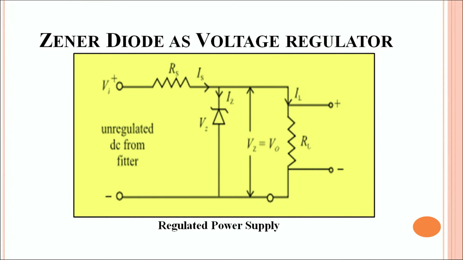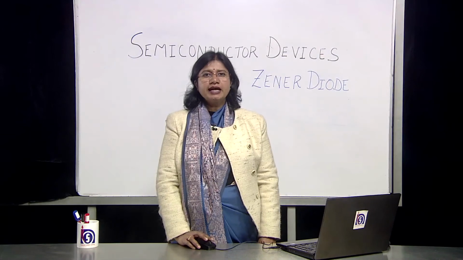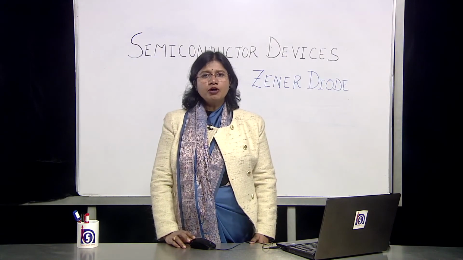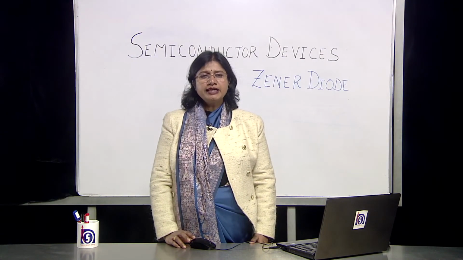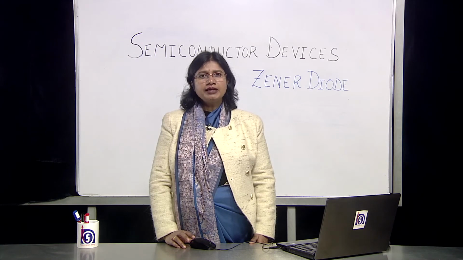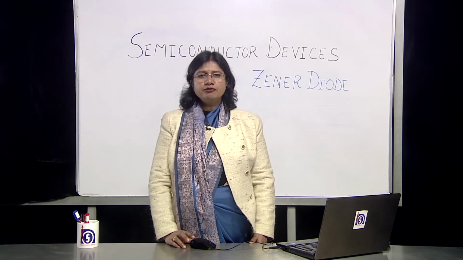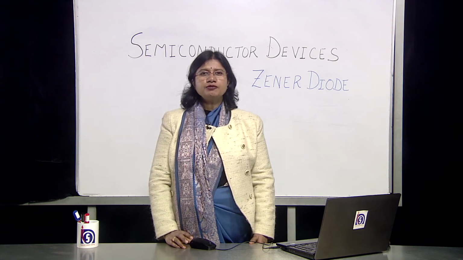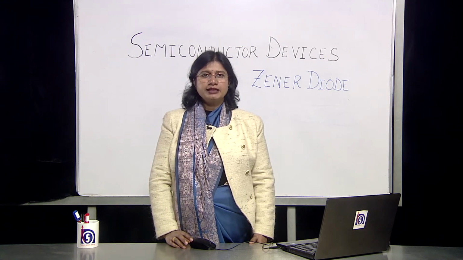In the reverse bias, the diode is set in such a way that we are working in the breakdown region. To remind you, in the forward bias there is a sharp increase in the current with the voltage. But in the reverse bias, the current which flows through the diode is negligibly small till the breakdown voltage is attained.